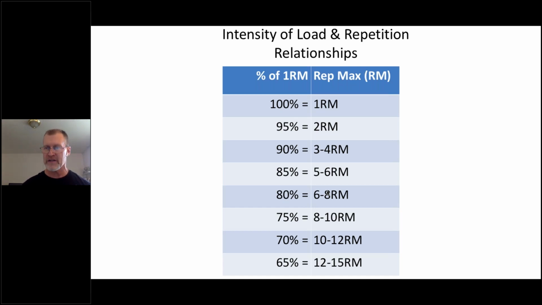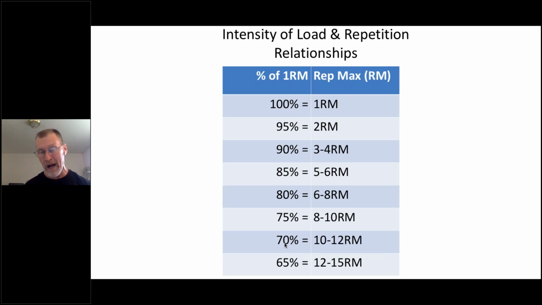The most important thing to understand is there are some limitations to any kind of rep max chart based upon percentage of 1 rep max, because there's a lot of individual variability. I know I've seen a study, and I didn't write the study down in this, that references variability among test subjects who used 70% of their 1 rep max, and the range of repetitions they were able to perform within the study was somewhere between 8 and 20 reps or so.